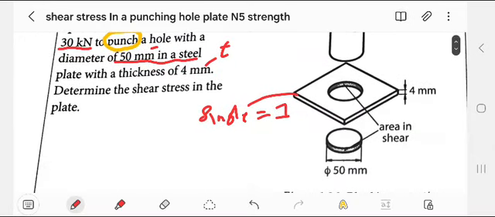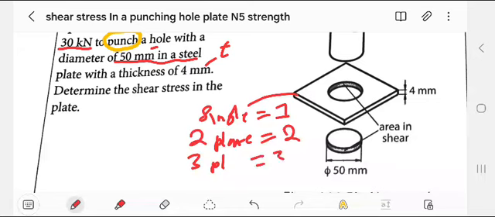Focus on one. If you are given two plates, not single, you'll have two areas. If you're given three plates, you'll have three areas, and so on, depending on the plates that you have punched.